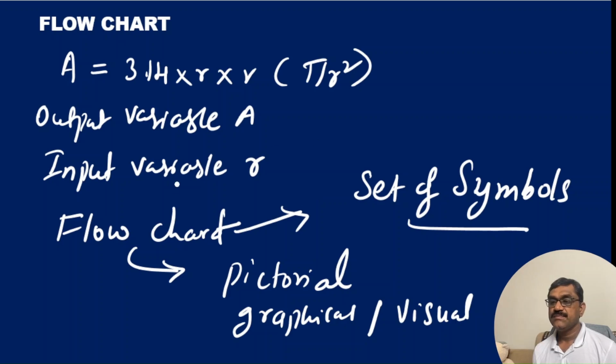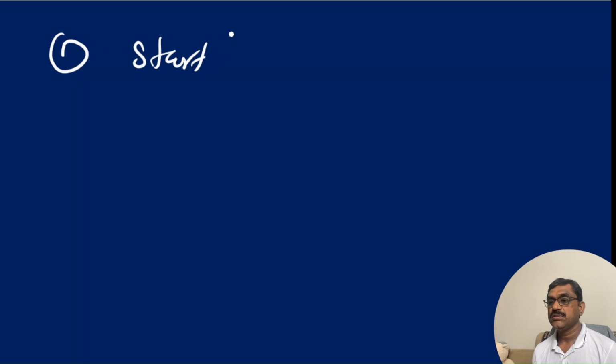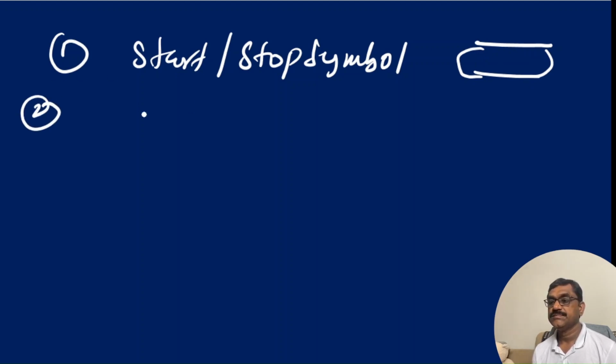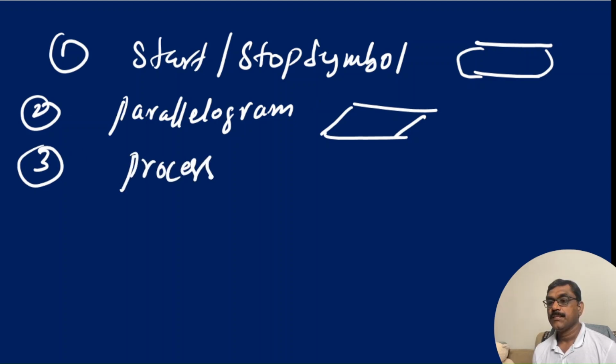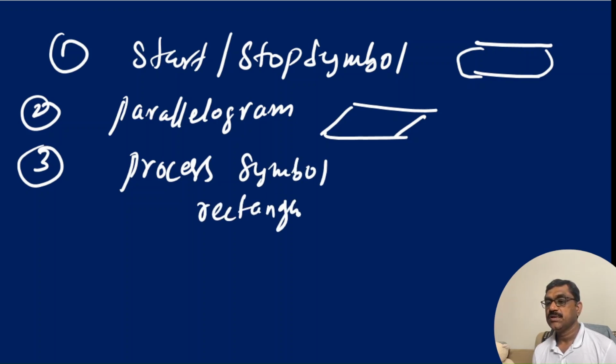We will see the basic symbols which are used for the flowchart. What is the first symbol? First one we are using is the start or stop symbol. We use a rounded ellipse for this. And the second symbol we use is the parallelogram. And the third symbol we use is the process symbol, or we can say the rectangular symbol.